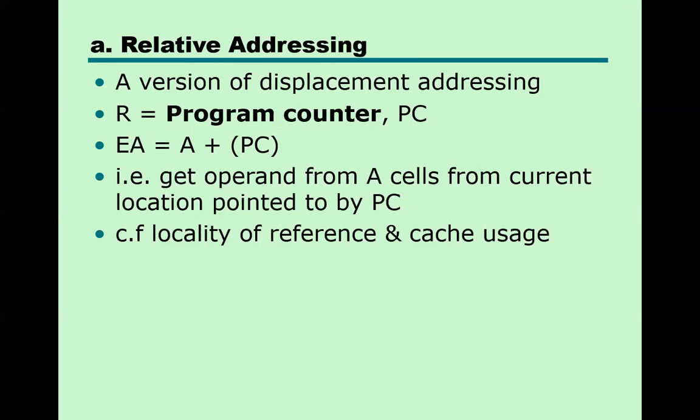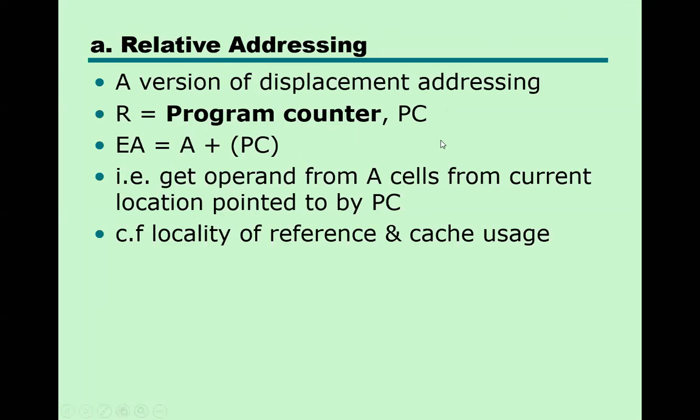And displacement addressing has multiple types, and by their names only you can easily remember these types. The first one is relative addressing. Relative addressing means we relate, right? We relate first to get the respective address. So how can we relate?